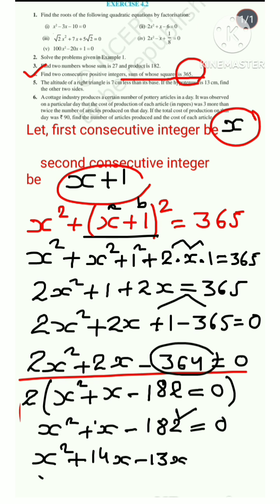Okay, this minus 182 as it is equal to 0.